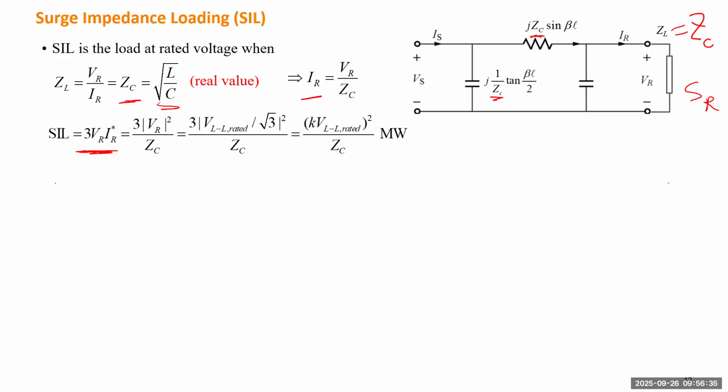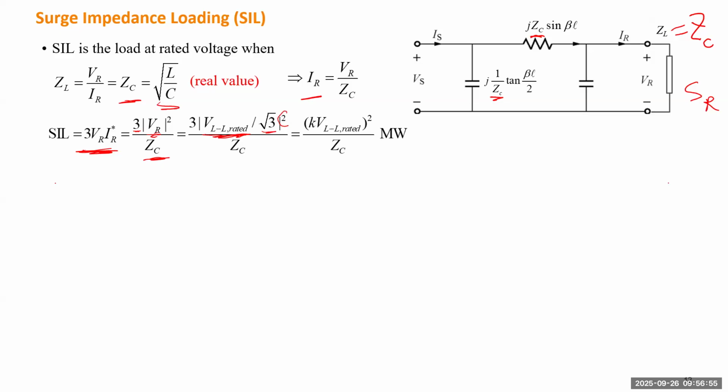So we calculate the complex power for 3 phases. We use this formula. We know the voltage and we know the impedance, and multiply by 3. And here we want to change the line-to-neutral voltage to line-to-line voltage by dividing the voltage by root 3.